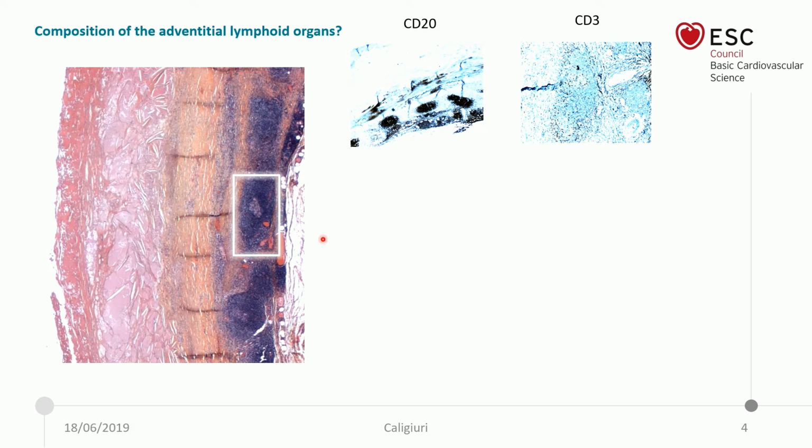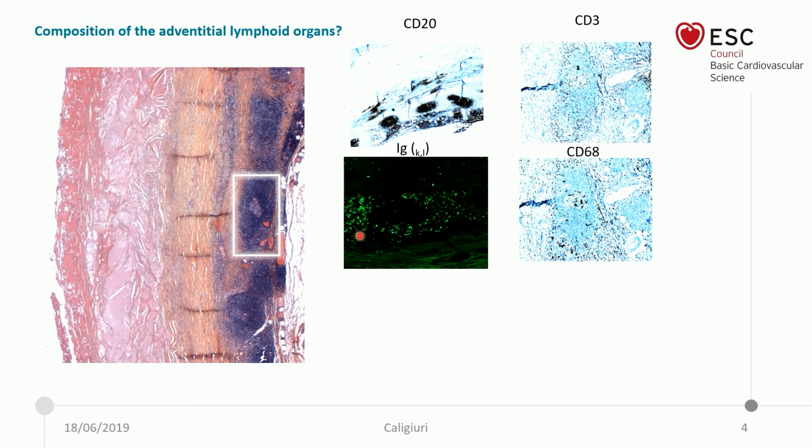By immunohistochemistry, since they look like lymphoid organs, I checked for the presence of B cells. CD20 is enriched on B cells, and most of these cells are B lymphocytes, like in lymph nodes and in spleen. And these B lymphocytes core are surrounded by sparse CD3 T cells.